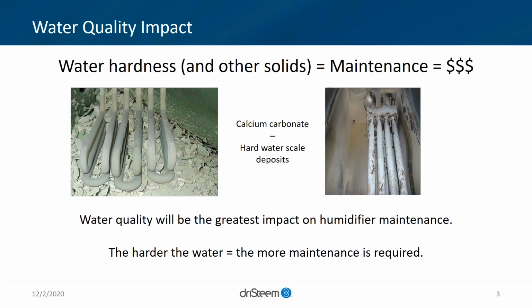The biggest thing about the impact on water quality is that we and our end users have goals to maintain equipment, whether that's a humidifier, heat exchangers, or lab equipment, etc. One of the biggest things is the maintenance impact. Water quality has a huge part in this.